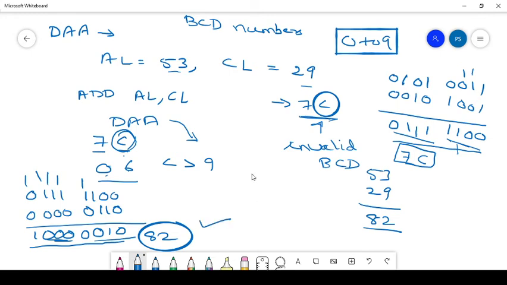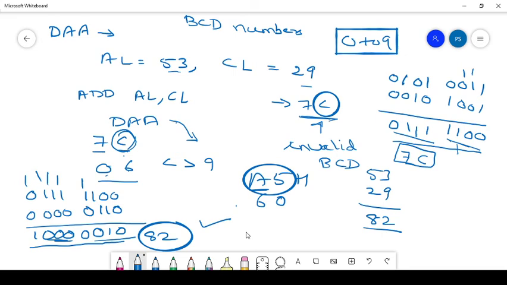For example, if you get A5H as the result, here the upper nibble is greater than 9, so it adds 60. That means if the upper nibble of the content of AL is more than 9, then the DAA instruction will add 60 to the content. That is the importance of the DAA instruction.